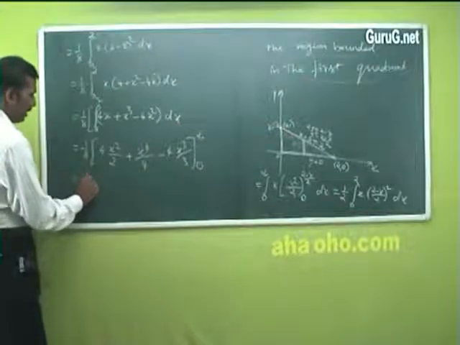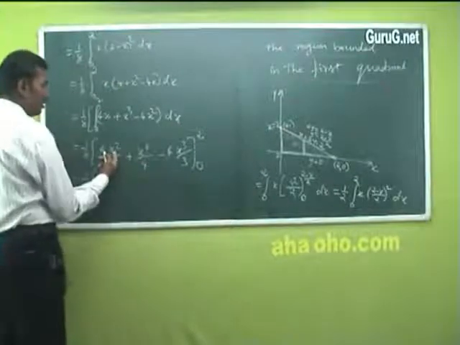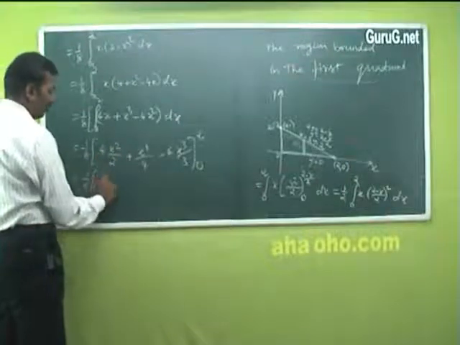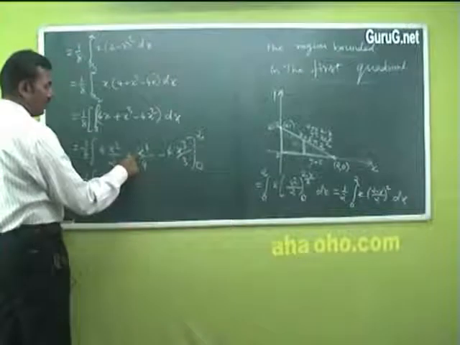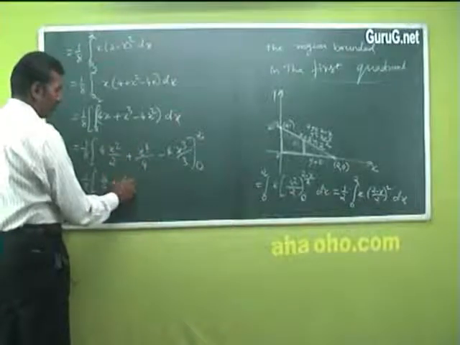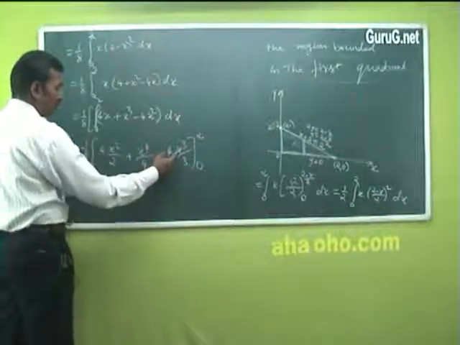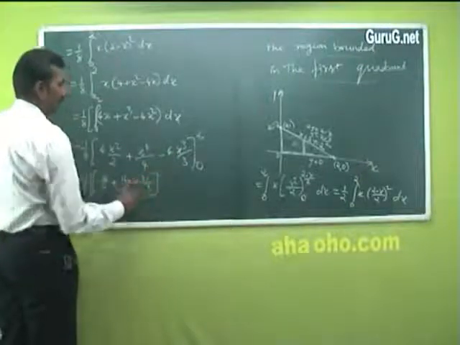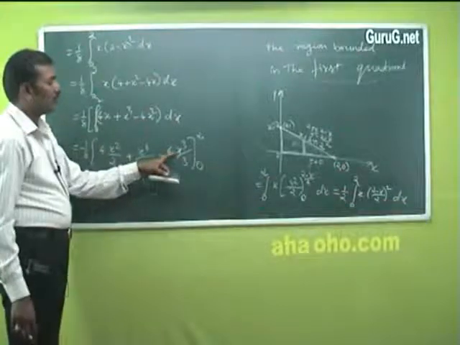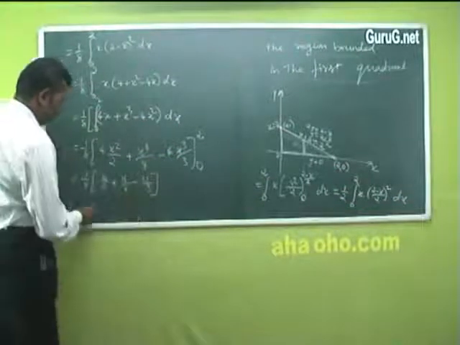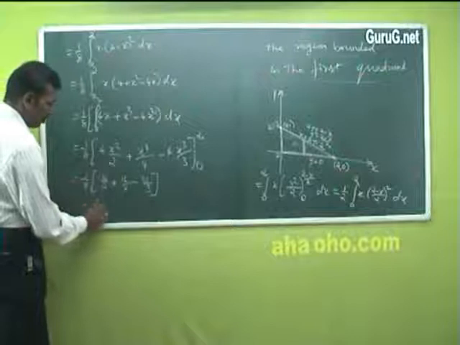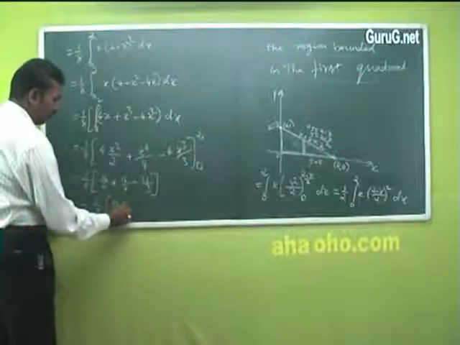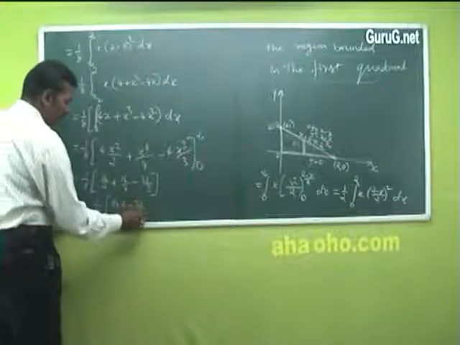So 1 by 8 into substitute upper limit. So 2 square, so 4, so 16 by 2, plus 2 to the power 4, 16 by 4, minus 2 cube 8, 8 fours are 32 by 3. We simply find 1 by 8 into here 8 plus 4 minus 32 by 3.